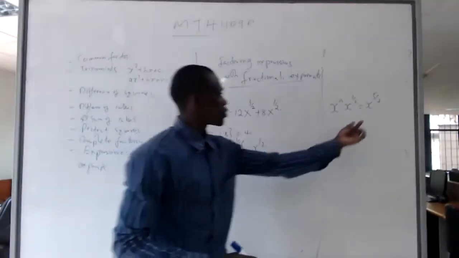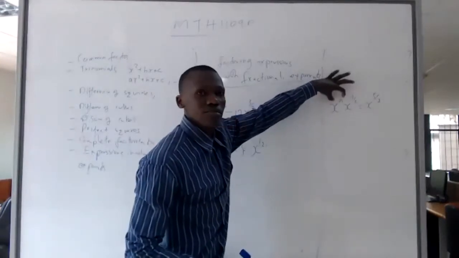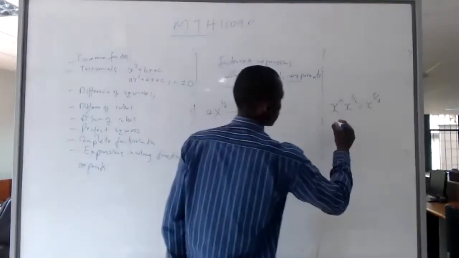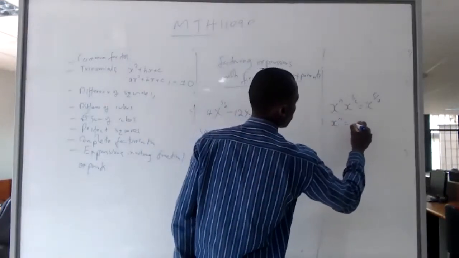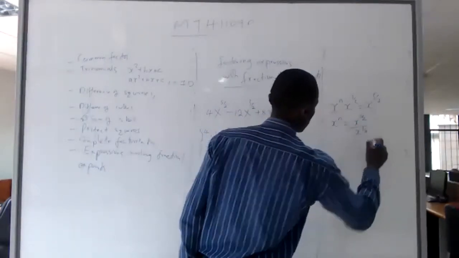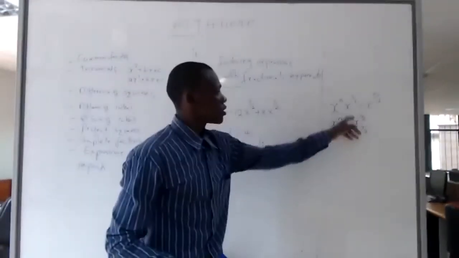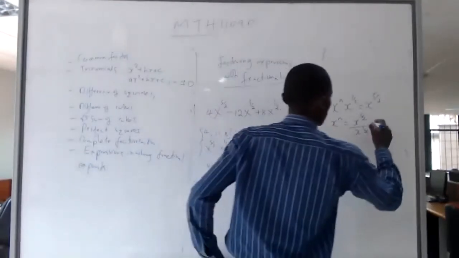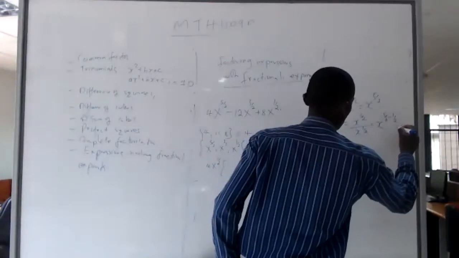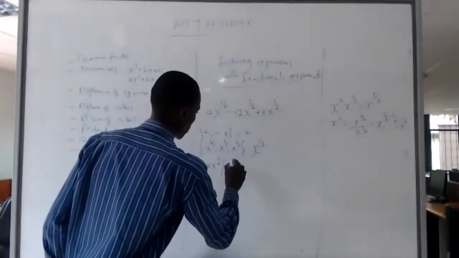I want to factor x power 5/2 in terms of x power 1/2 and x power something, which I do not know. Using laws of indices, you could just write x to the n being equal to x power 5/2 divided by x power 1/2. I know we have not done laws of indices, but in case of division, you normally subtract indices. So this should be x power 5/2 minus 1/2, which should be x power 2. In that case, n is 2. So this is x squared.